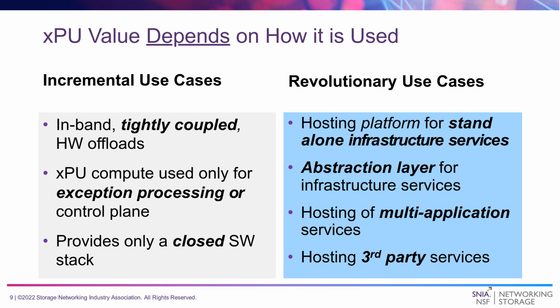A third component that might be revolutionary is that once we've moved the entire infrastructure service stack off of the host server and decoupled it from the locally hosted application, there's no reason, and in fact there are lots of reasons, that we should go the other way and think about making that infrastructure service broadly available, not only to the locally hosted application, but to any application available in the local network.